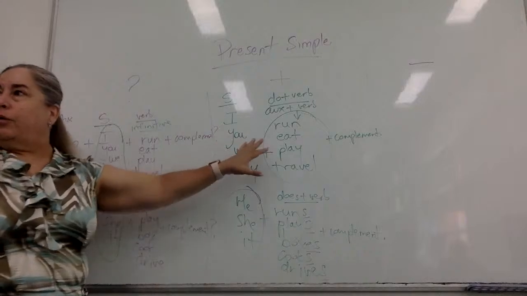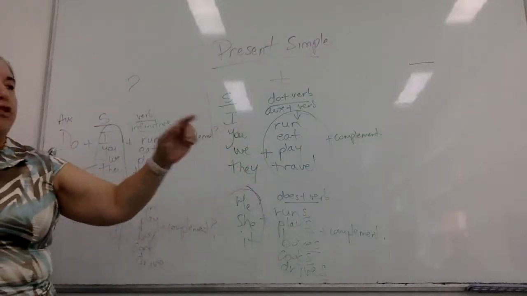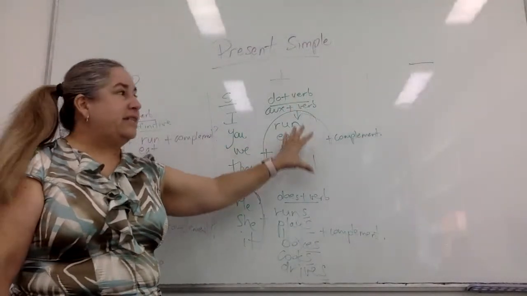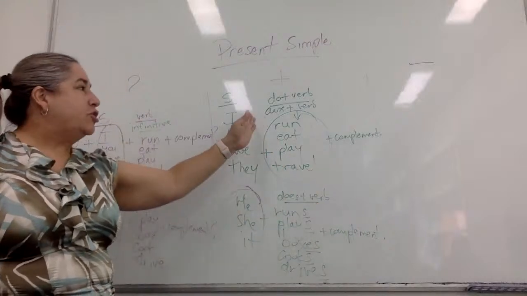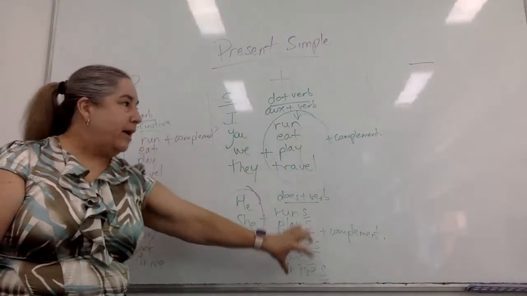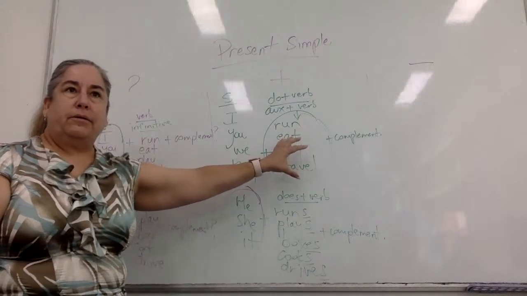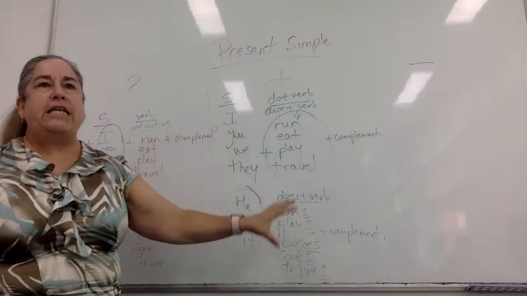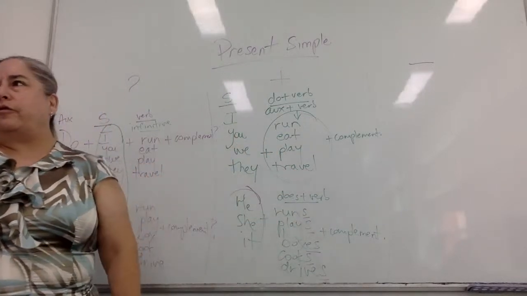With do, we do not see it. It continues the same. There is no do, there is no does, because it is here and here, only in the affirmative.